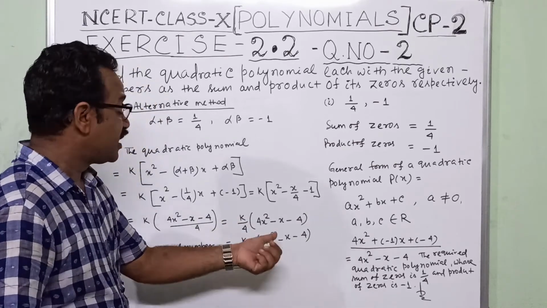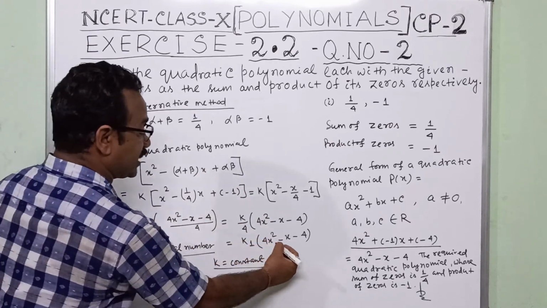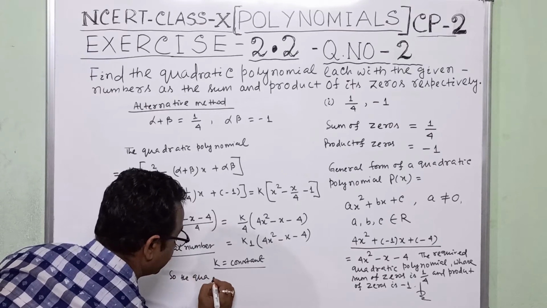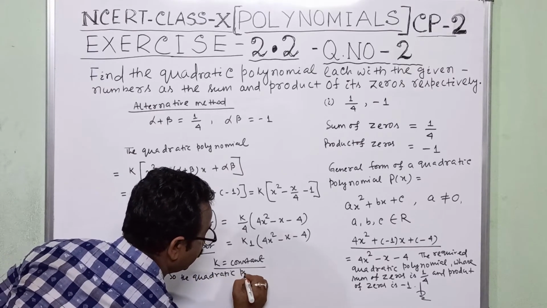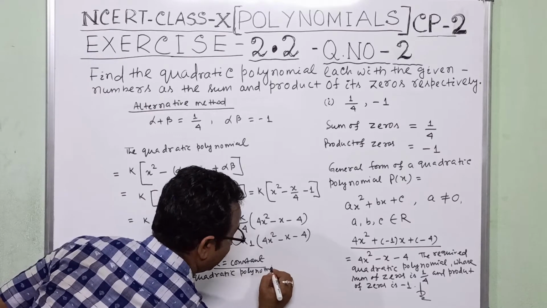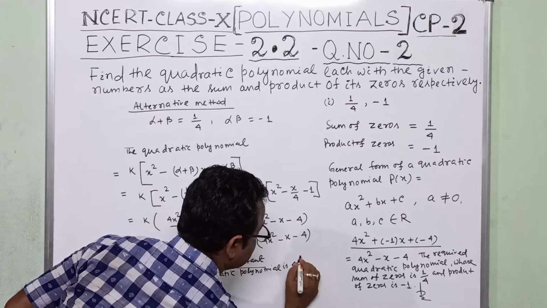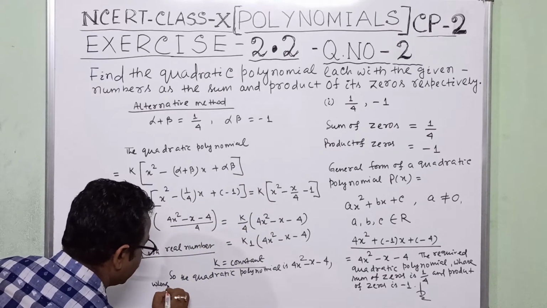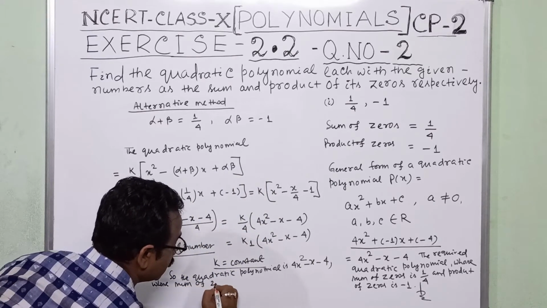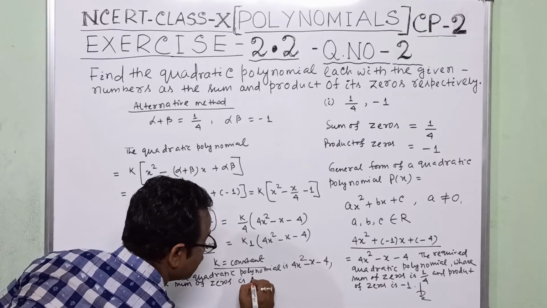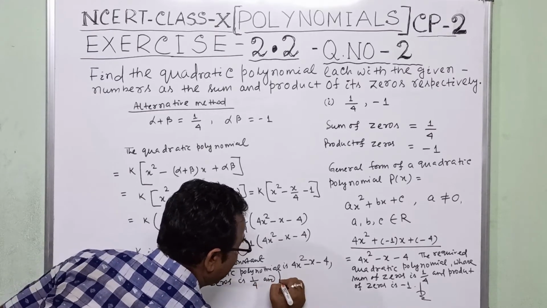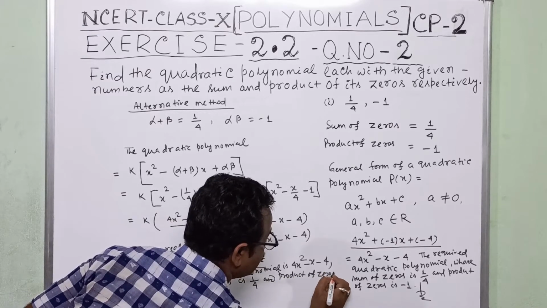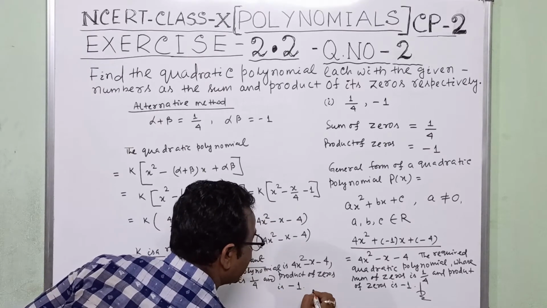So what is the required polynomial? We are getting 4x square minus x minus 4. So the quadratic polynomial is 4x square minus x minus 4 whose sum of zeros is 1 by 4 and product of zeros is minus 1.